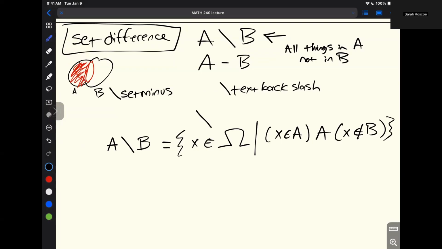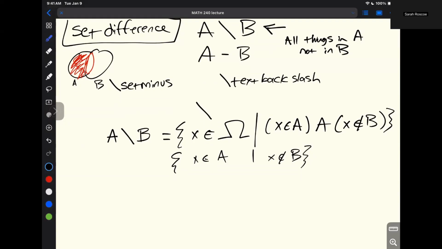We could say everything in A such that X is not in B. I think that's another equivalent way to write it. So there's multiple ways to get there, but as long as it's clear what you mean, then you'll be okay. So there's a lot of leeway.